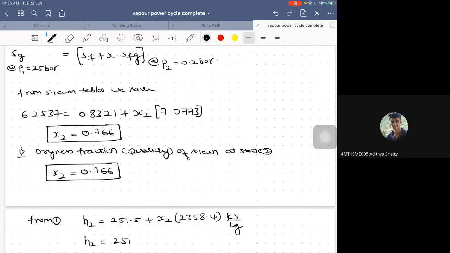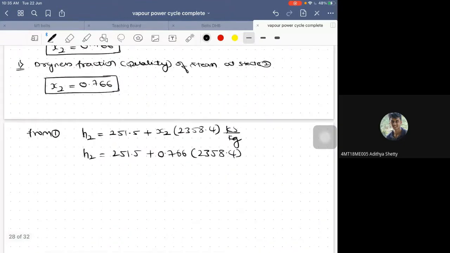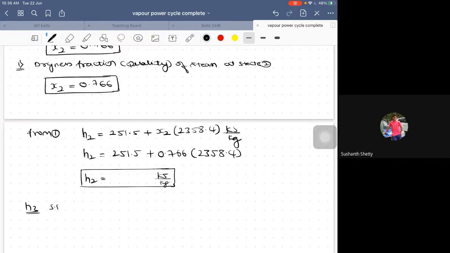It is 251.5 plus X2 is 0.766 into 2358.4. So from this, what is the value of H2? Keep it in kilojoules per kg itself. 2058.03.